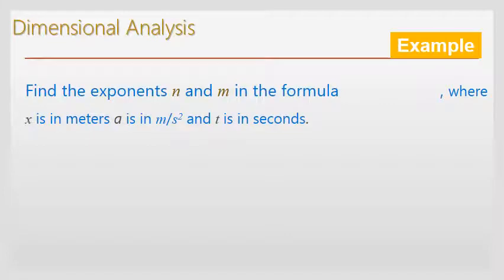For example, to find the exponents n and m in the formula of the position of a particle x, which is proportional to a, the acceleration, to the power n, times the time to the power m, where x is in meters, a in meters per second squared, and t is in seconds.